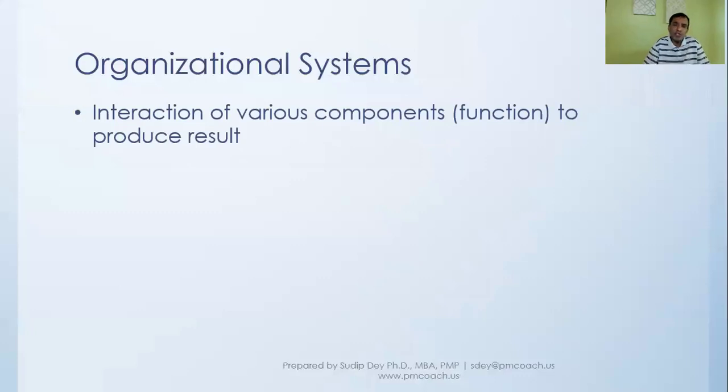Now, when we talk about a system, we really see many different pieces coming together to make that system run. Let's take an example of a car. When we drive a car, there are many different components that come together to take the car forward.